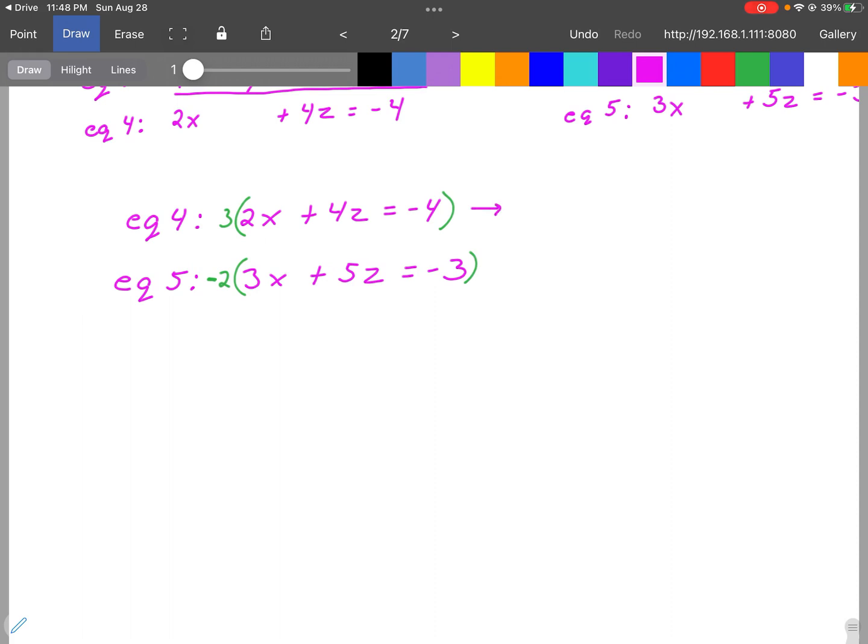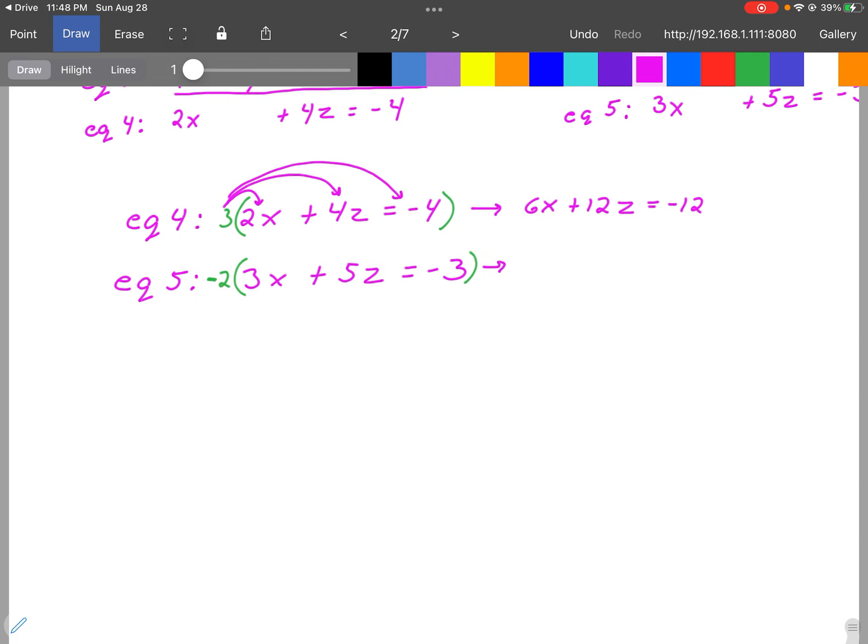And so then when I multiply that through, remember it's got to multiply by everything. So that's going to give me 6x. That's going to give me plus 12z equals, and then that's going to give me a negative 12. Okay, so there is my equation 4 modified.